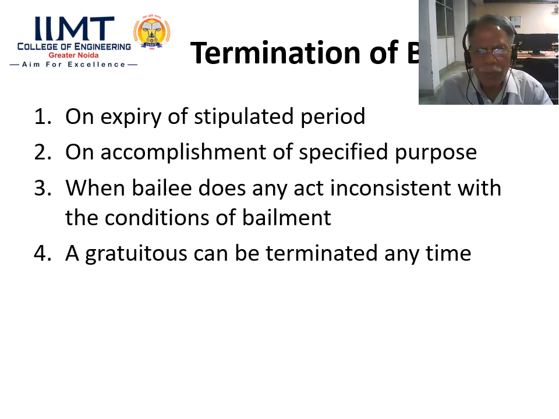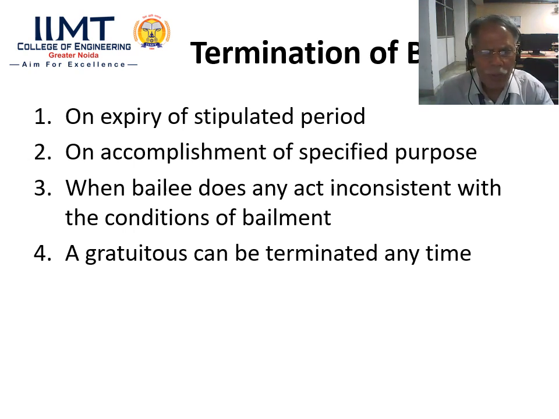For example, you've given your car to the service station, and once the servicing has been done or the desired purpose has been completed, then the bailee, the service station, must return the bailed goods, that is the car, to the owner, the bailor. Next is when the bailee does any act inconsistent with the conditions of bailment.